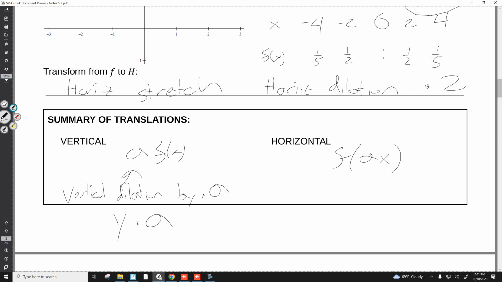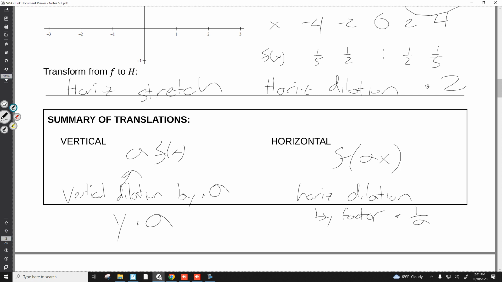It's like, what do you plug in to get to your original function? It's backwards of what's going on. It affects things horizontally, we know that. It will be dilating things, but by a factor of the opposite of what we expect. If I have 5 times x, my dilation is 1/5. If I have 1/5 times x, my dilation is times 5.